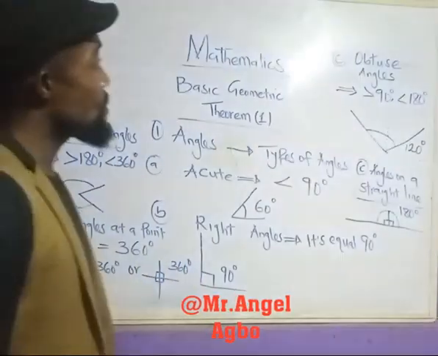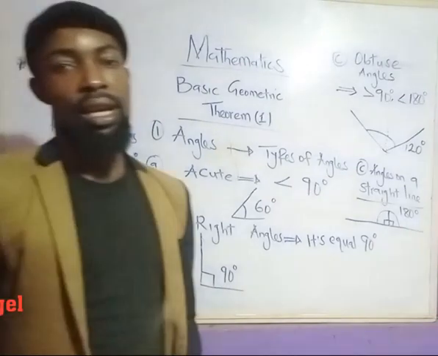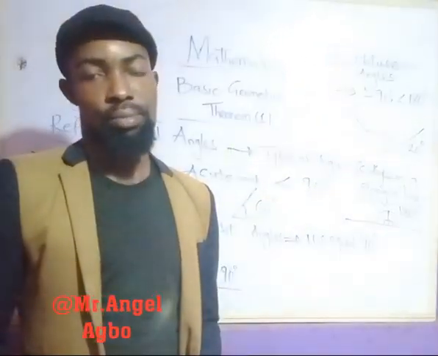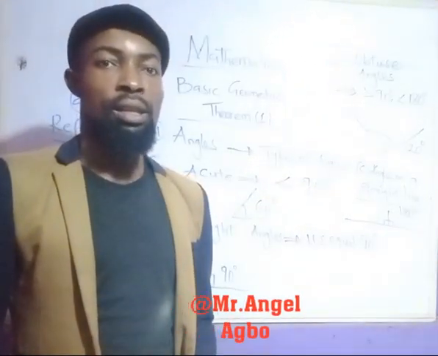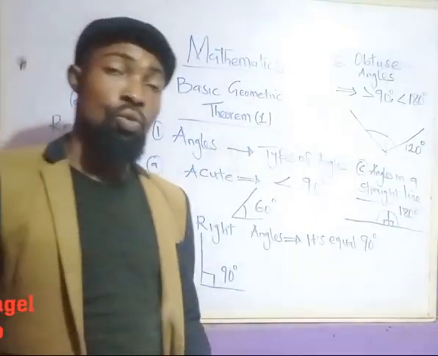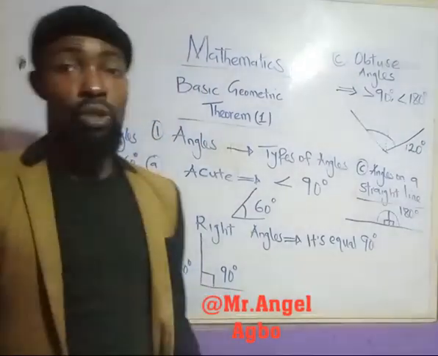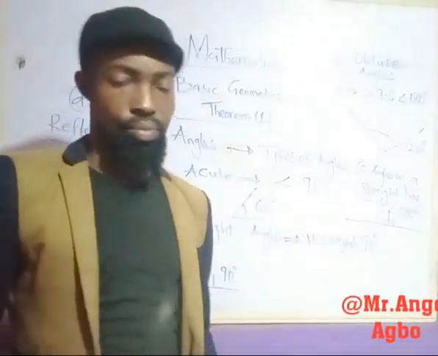So the next thing we are going to see is the basic theorem. There are some rules when you are calculating these angles, and those rules are very, very important.